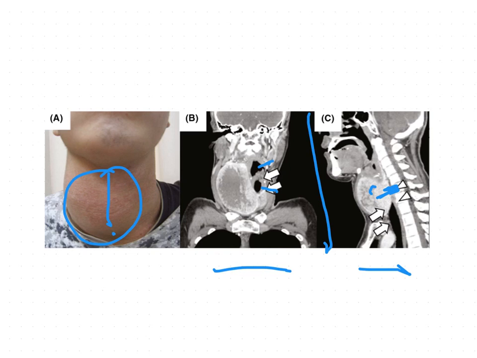Because of this it causes some symptoms like dyspnea, irritative cough, and often a husky voice. Dyspnea is difficulty in breathing. When this gland compresses the larynx, it is irritating and causes cough. Compression of the larynx, the voice box, leads to a husky voice.